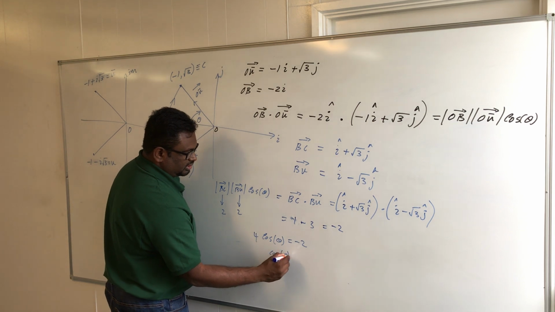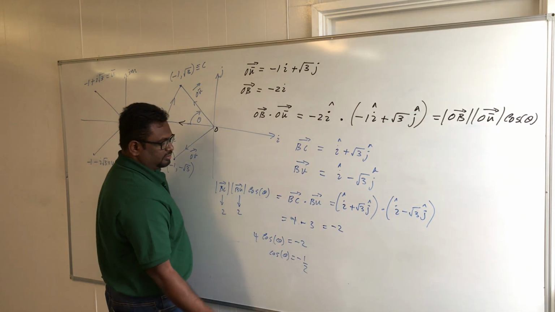So cos theta is equal to what? Negative half. So theta is what? 2 pi over 3 or 4 pi over 3.